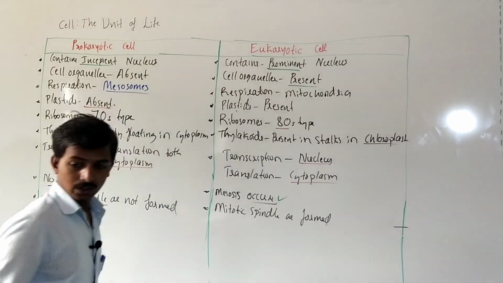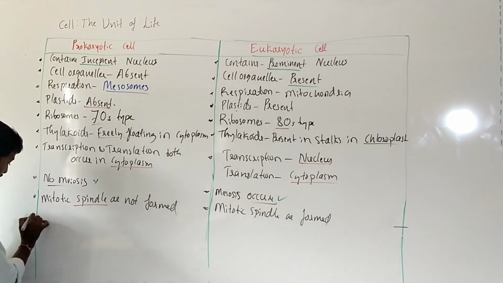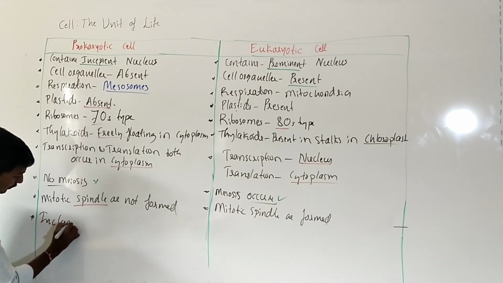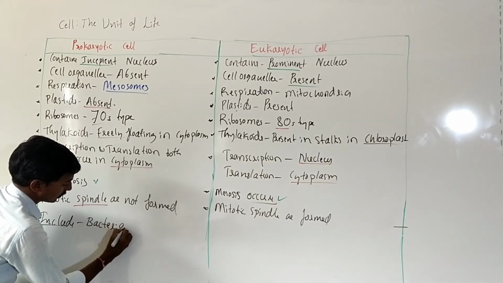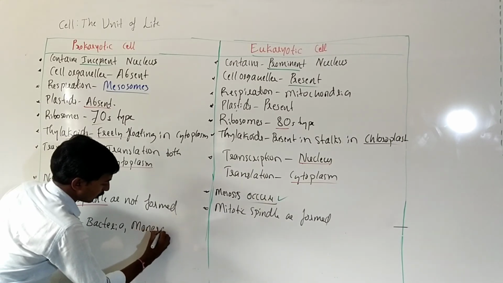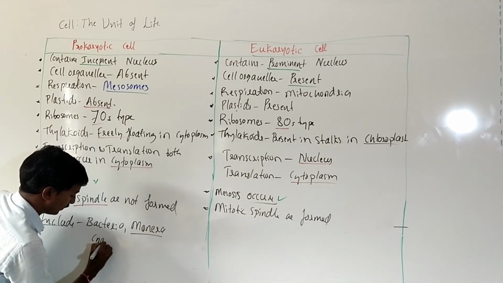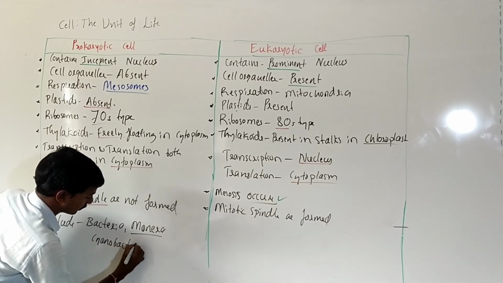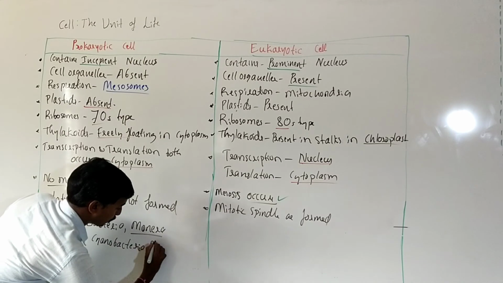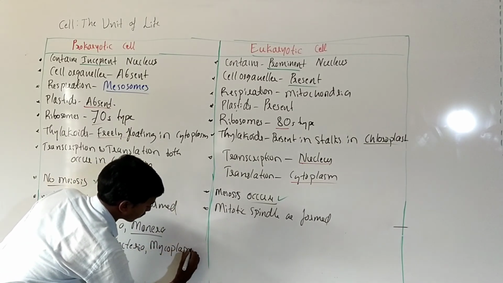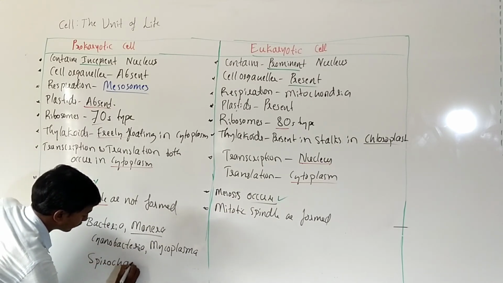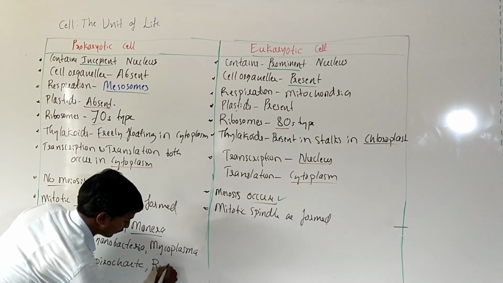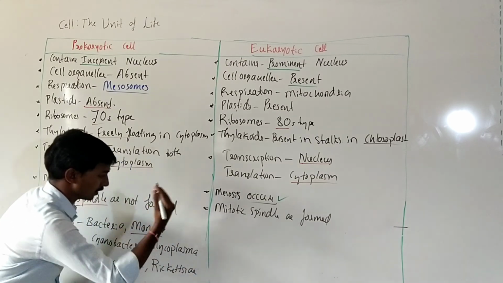So the last point in this: prokaryotes include the bacteria of kingdom Monera, maybe cyanobacteria, maybe mycoplasma, maybe spirochetes, lastly the Archaea.